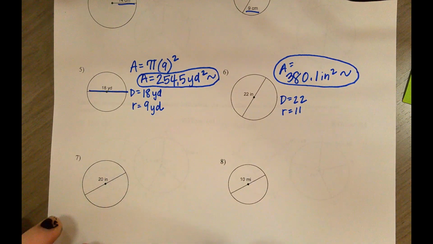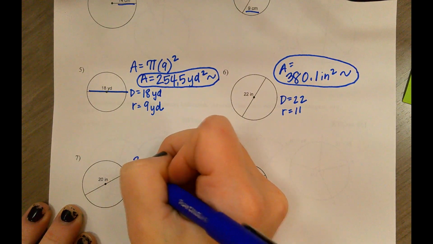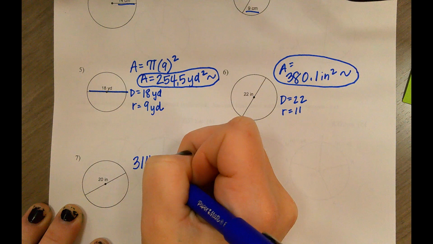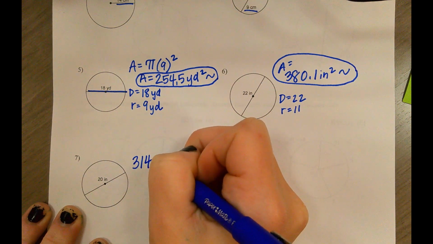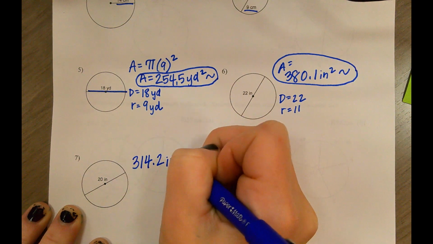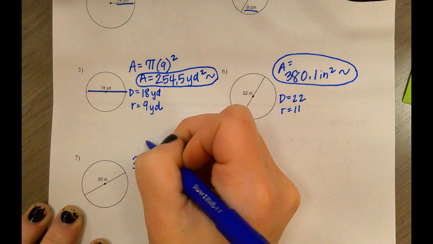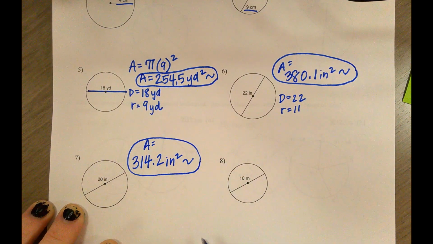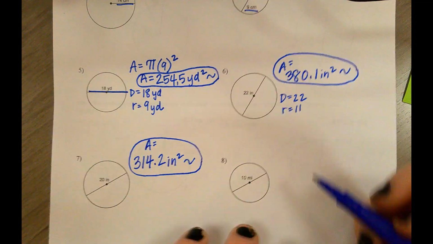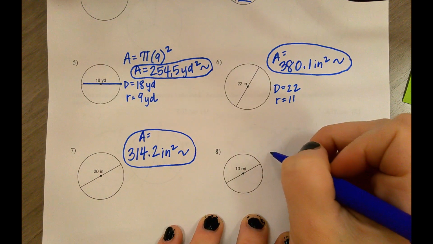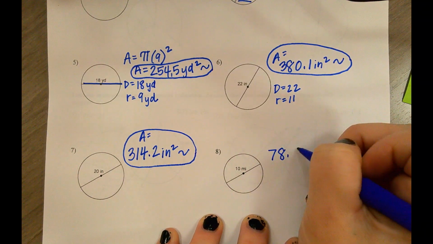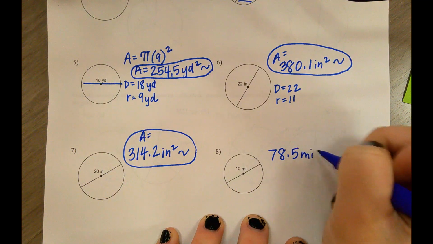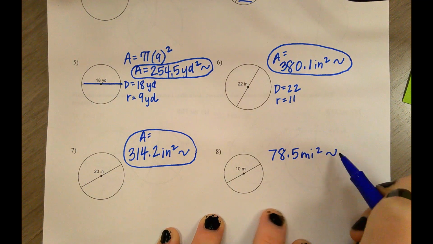For number 7, you'll get 314.2 inches squared, approximately. And for number 8, we'll get 78.5 miles squared, approximately.